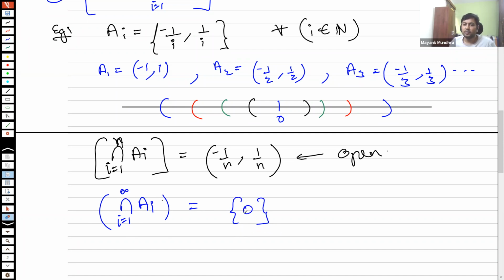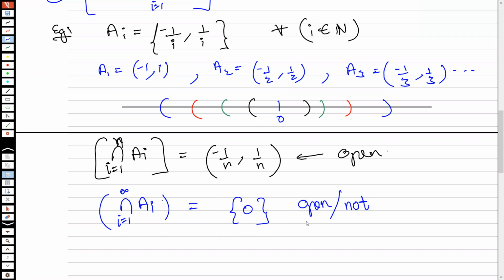Now the question is, is the singleton set 0 open or not? It is closed, but I have not defined closed right now. Right now I'm only asking open or not, so it's not open.